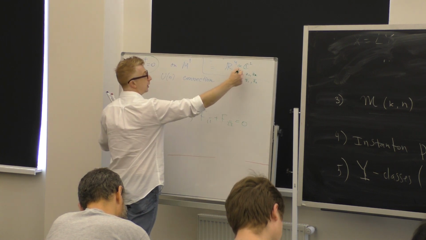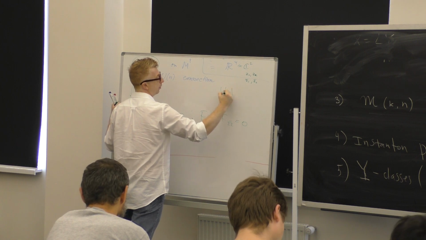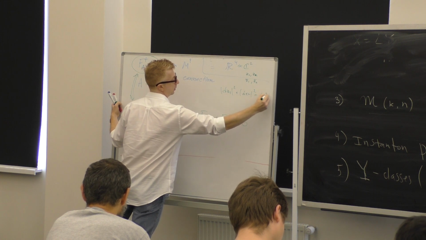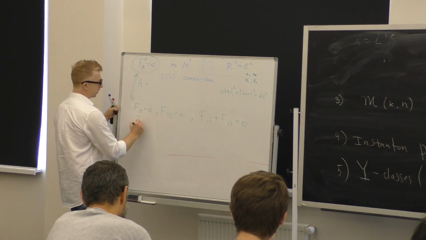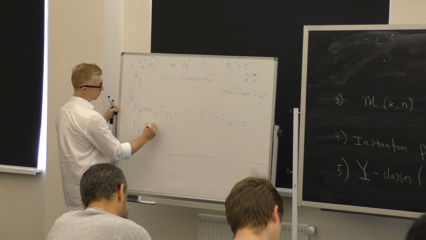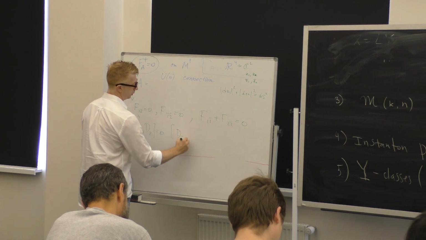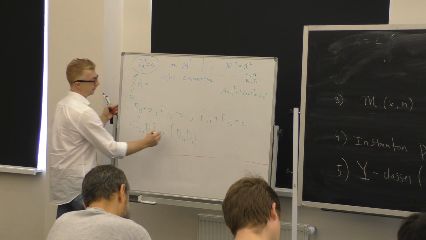So this is for flat space. My metric has the form dz1 squared plus dz2 squared. This implies, in particular, that the covariant derivatives in the holomorphic directions 1 and 2 commute, and so do the covariant derivatives in the anti-holomorphic directions.